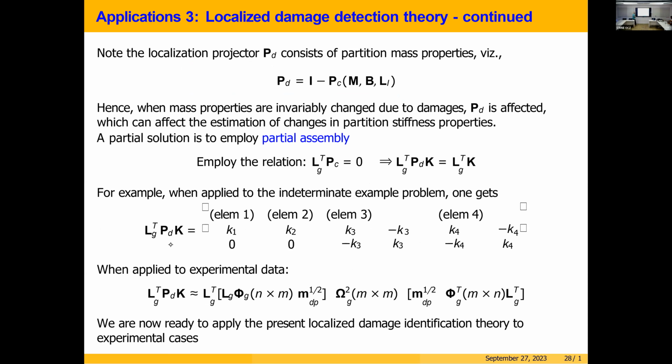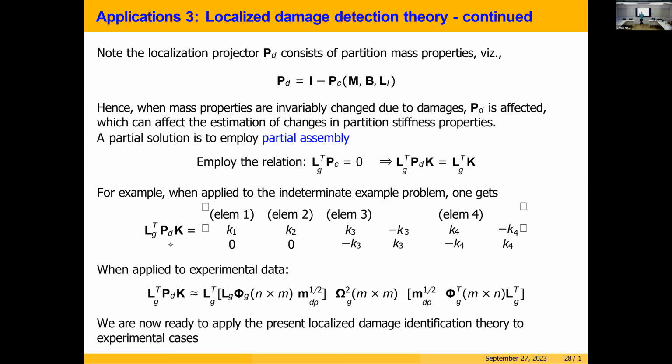So for that problem, we have a PD times K, and then when you assemble with that, we have element 1, element 2, element 3, element 4.